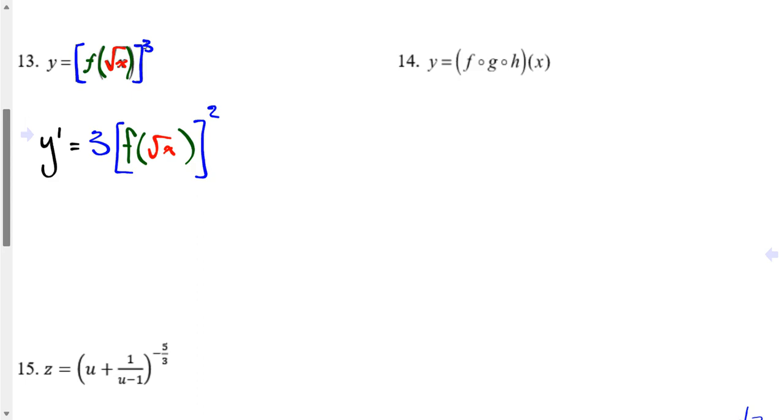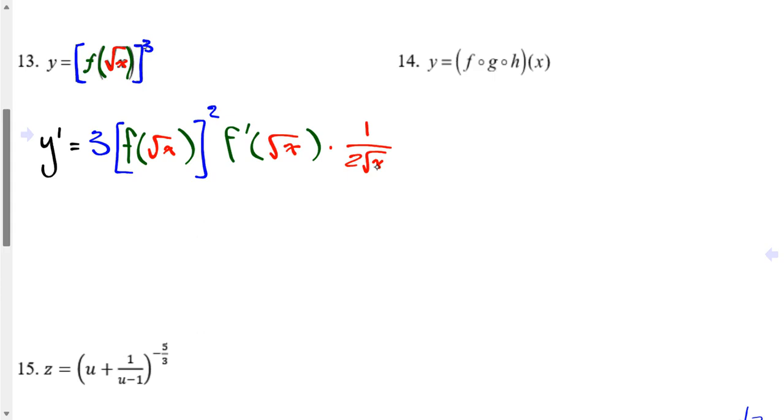Okay, and we look to the middle function and say, what's the derivative of that? F prime, keep the inside function unchanged, which means it's an x. But wait, there's more. Derivative of the innermost function. And we've done this derivative enough that some of us can start to recognize, oh, that's going to be 1 over 2 root x.